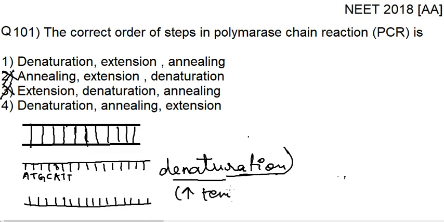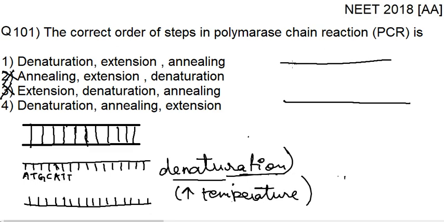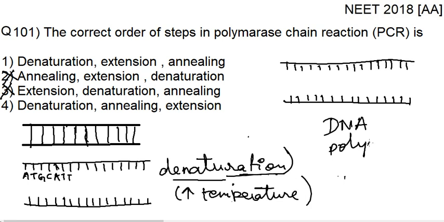High temperature is maintained to denature, and then to replicate the DNA you need a primer to get attached. You need a primer that will be attached to the DNA strand, and at the site of primer attachment there will be the attachment of DNA polymerase, an enzyme required to add the DNA sequences and extend the formation of DNA.